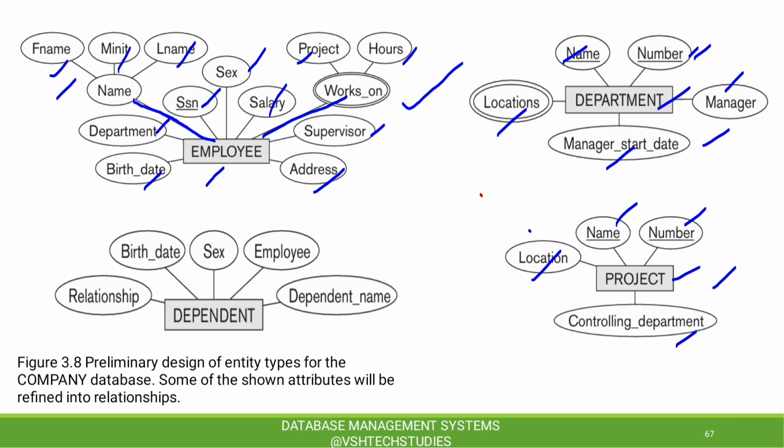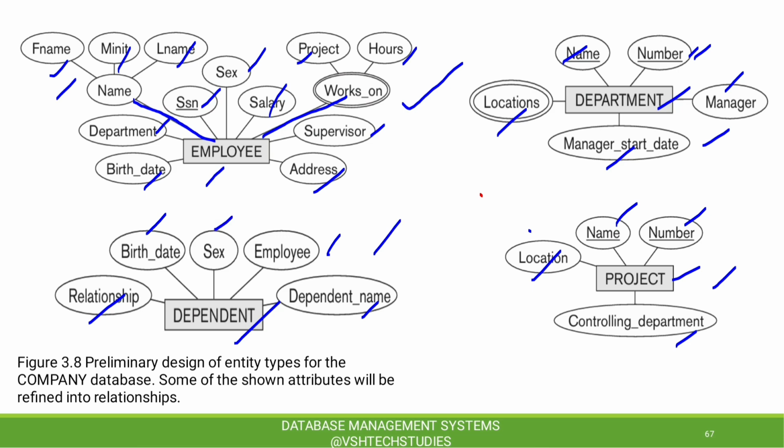The next entity is dependent. The dependent entity attributes are: the employee, meaning which employee the dependent is a dependent of, then dependent name, dependent birth date, dependent relationship with the employee, and dependent gender.